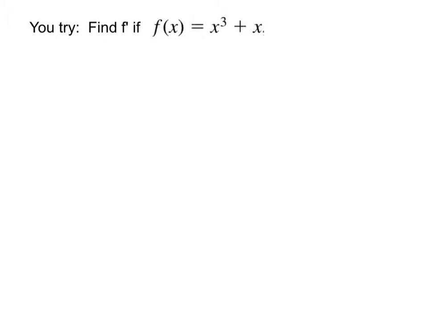Okay, you try this. Find f prime, that's just another way of saying the derivative of f, if f of x equals x cubed plus x. Hit pause, go.